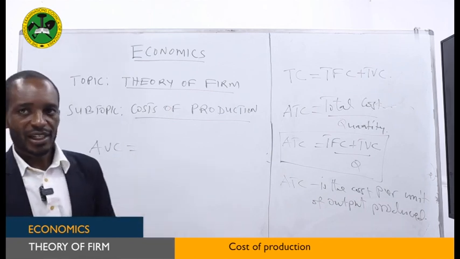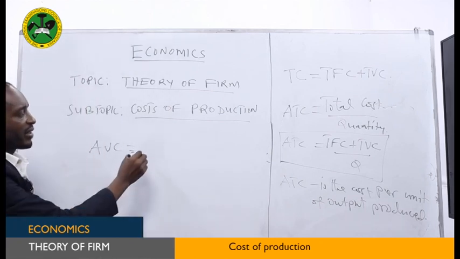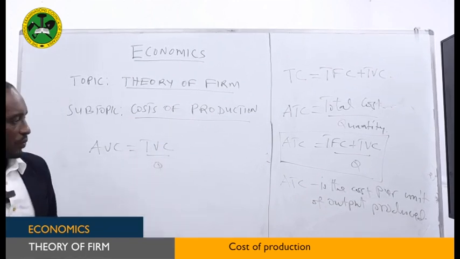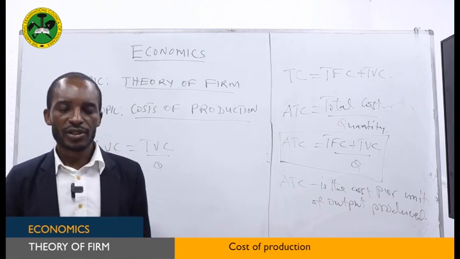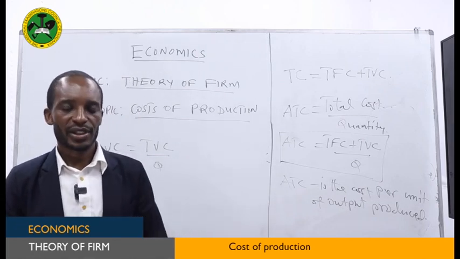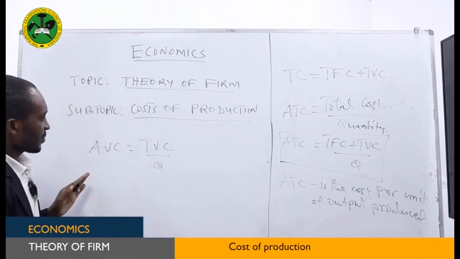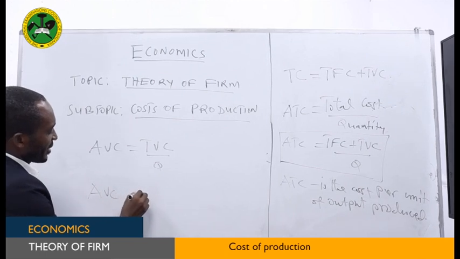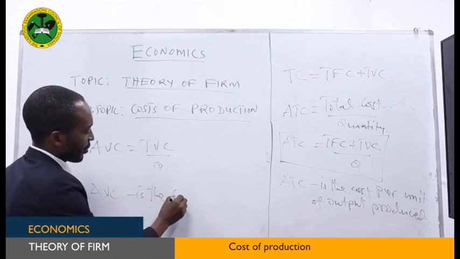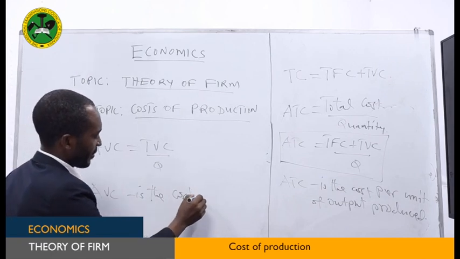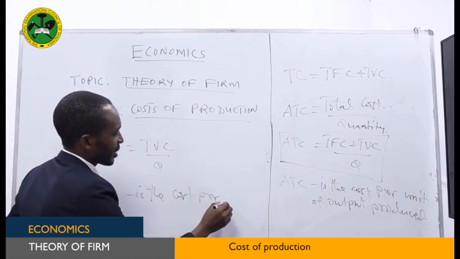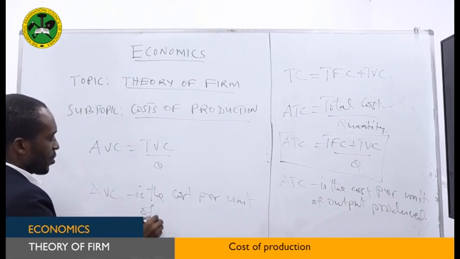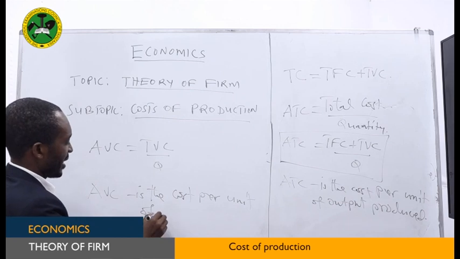Average variable cost is obtained by taking the total variable cost divided by Q. So you take the total variable cost and divide by the quantity which is produced. So we can say average variable cost is the cost per unit of, let's say, labor.